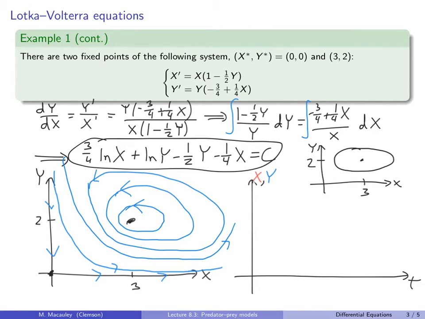So ignore the y value. What's happening is you're going back and forth, back and forth. You're going to be cycling something like this. It's going to be sine or cosine-ish, but it's of course nonlinear.